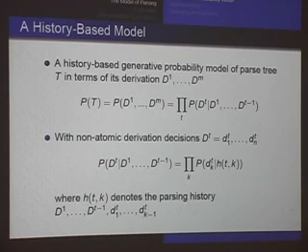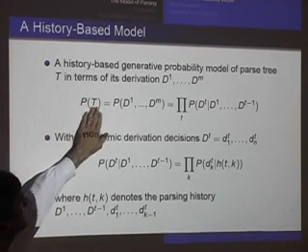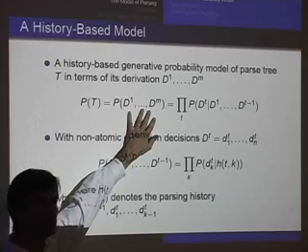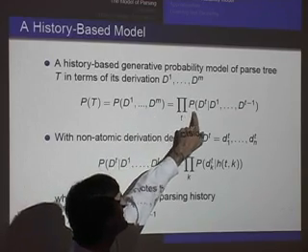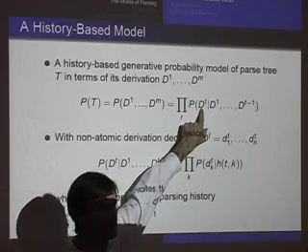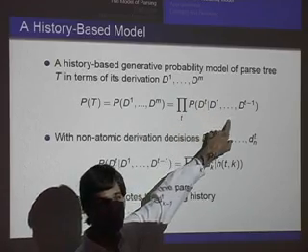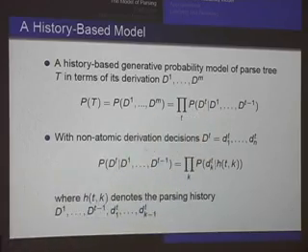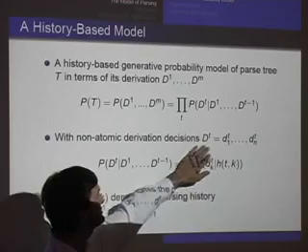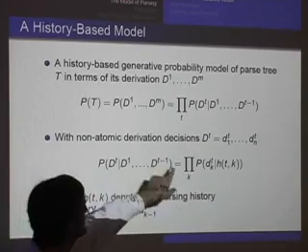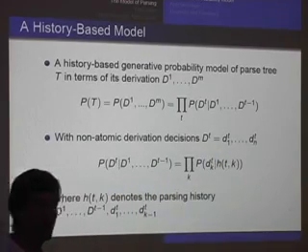As I mentioned, it's a history-based model. We're modeling trees as isomorphic derivations, and then we're parameterizing that as a probability of the next decision conditioned on the history of previous decisions, just the chain rule. We also allow non-atomic decisions. It could be a sequence or hierarchy of decisions.